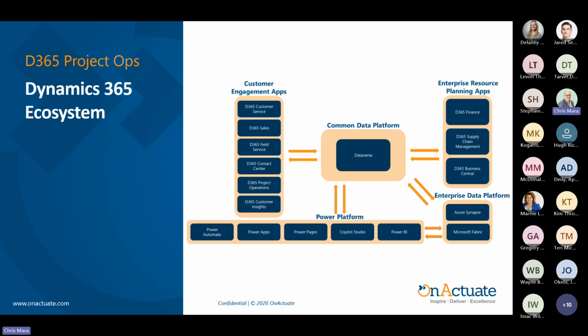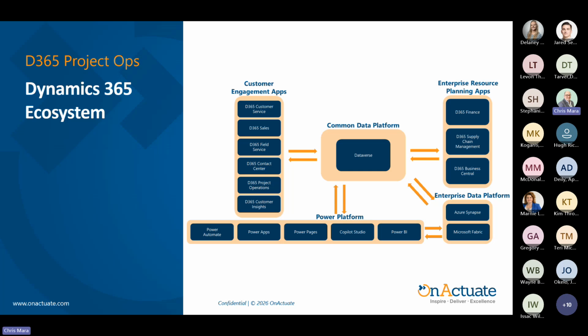Finally, this diagram also shows how Project Operations benefits from the platform services underneath it. Power Platform extends and automates workflows on top of Dataverse, and enterprise analytics can be achieved by moving and replicating Dataverse and ERP data into a unified reporting layer, OneLake, Fabric, Synapse as examples, and surfacing it through Power BI for cross-functional visibility across service, projects, and financials.